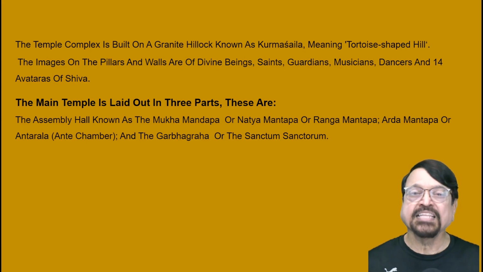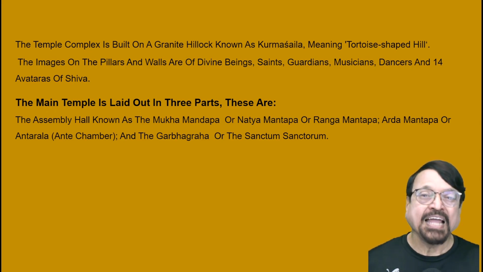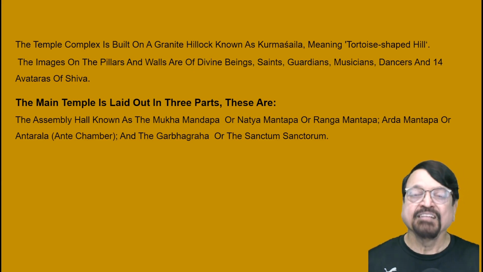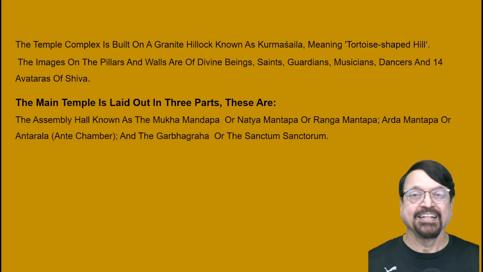And there is also the Antarala, an antechamber, and you know who started it? It is the Chalukyas, and where you see it for the first time is in Badami. Now Badami and Pattadakal, there are a lot of temples in Pattadakal where they have shown this Antarala.